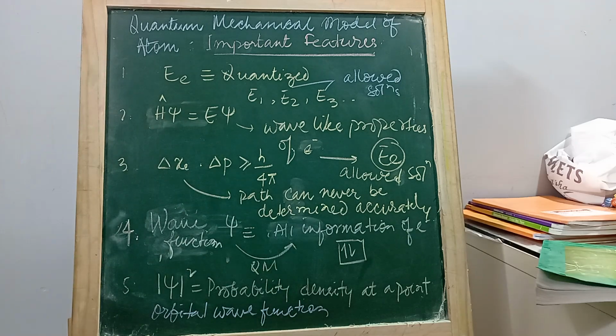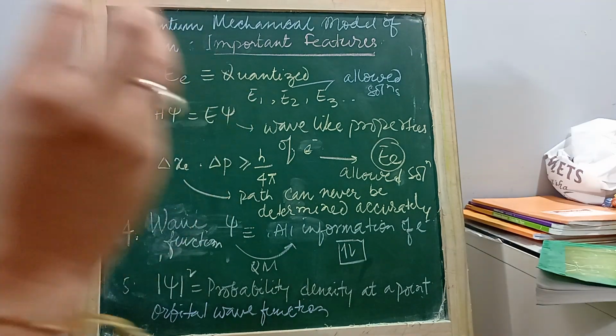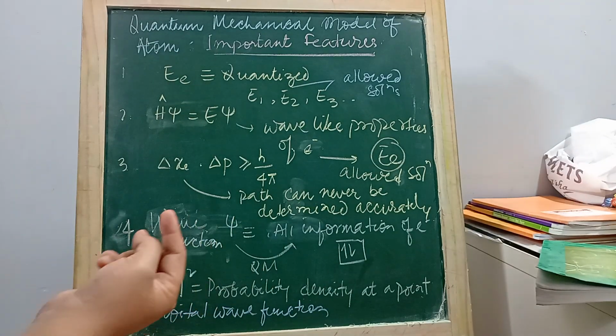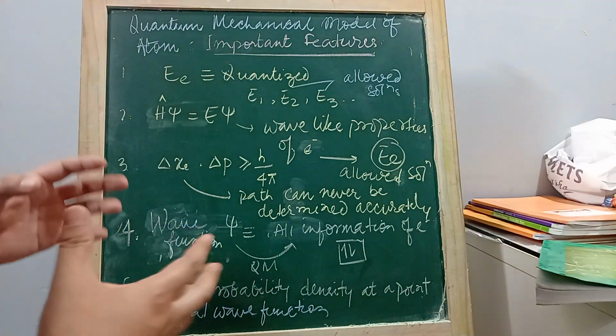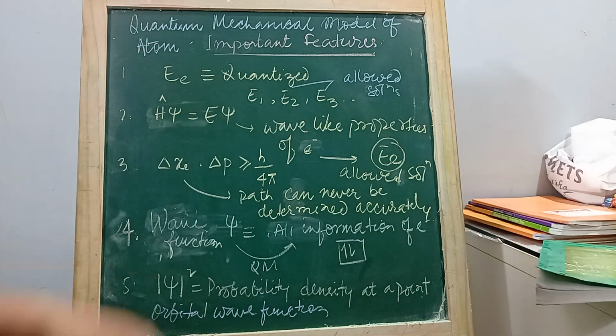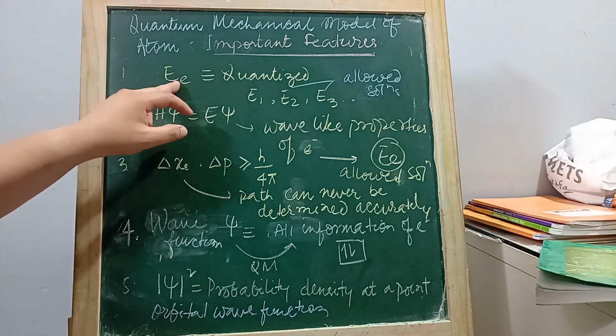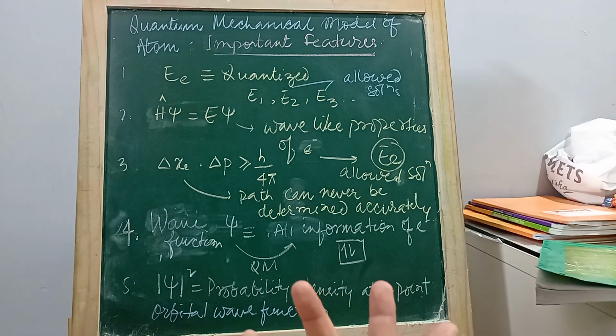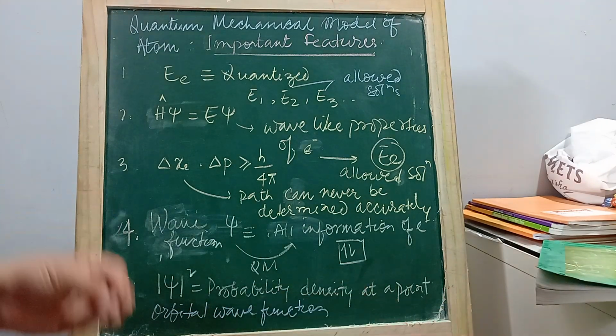The first point says that when an electron is revolving around the nucleus inside an atom, the energy possessed by it is quantized. That means it cannot have any value. It should have some specific value.